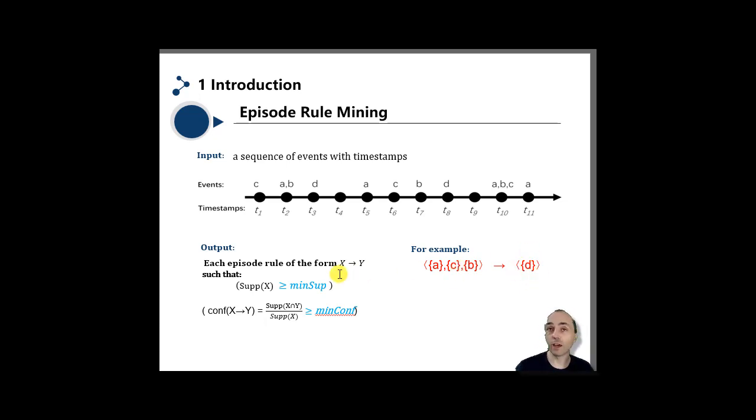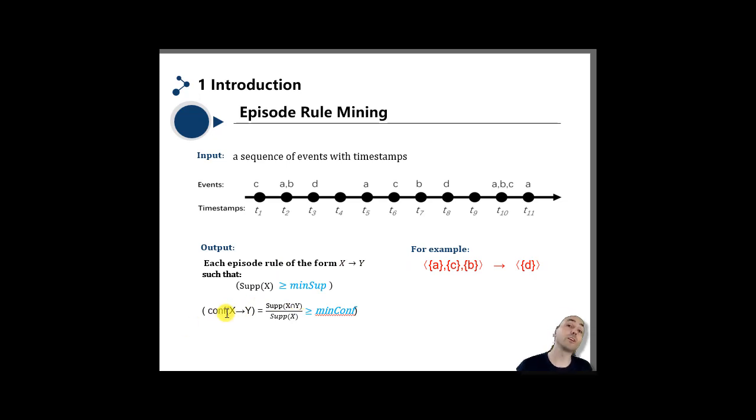So this is a rule like X implies Y. If there are some events X, they will likely be followed by another event. We use two measures to find rules like this, called the support and the confidence. The support means how many times the rule appears, and the confidence is like the conditional probability.